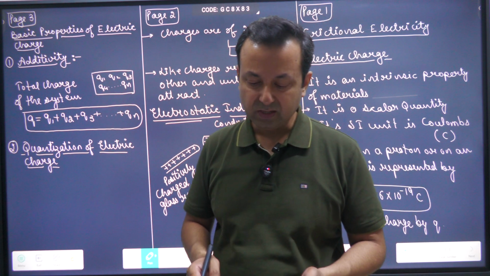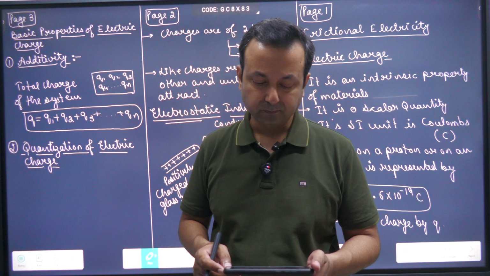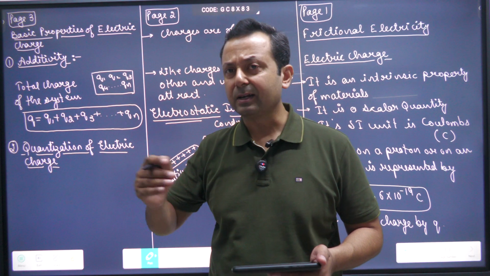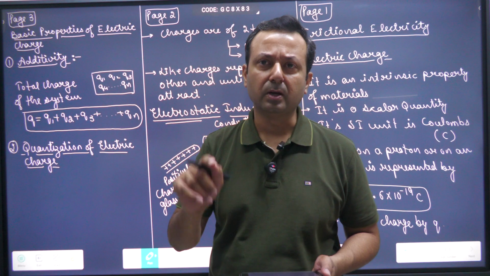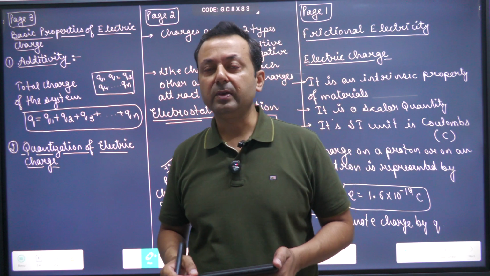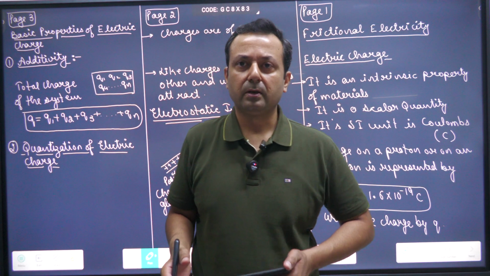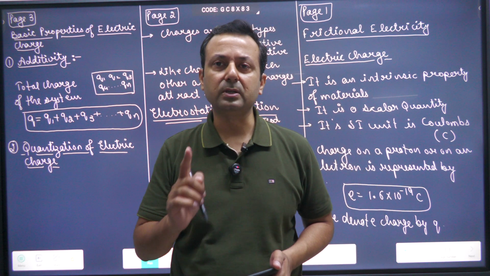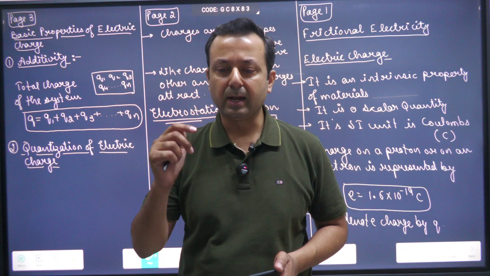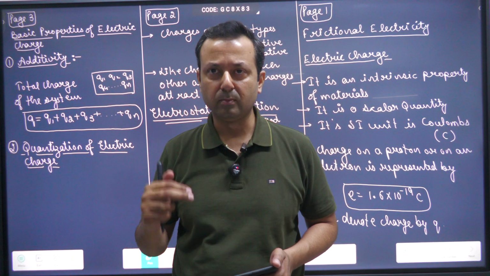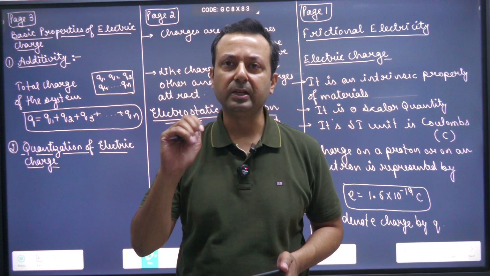So what does this mean? The experimental fact that electric charges occur in discrete amounts. What is the discrete amount? If we have some books, then we can easily count the number of those books, and the number will be a positive integer only.